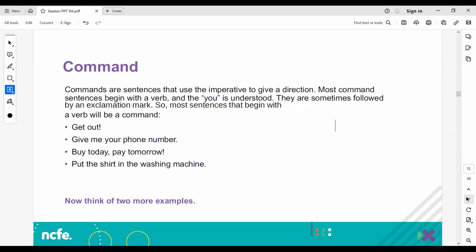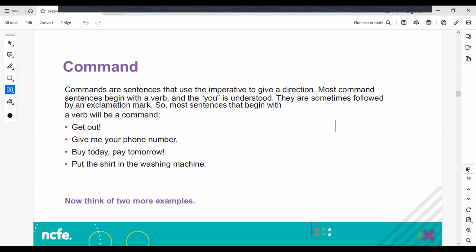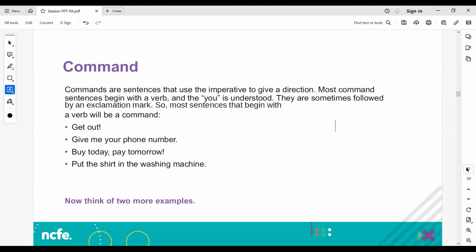And here's an example that we often see in advertising. Buy today, pay tomorrow. In that sentence, we've got two command verbs, buy, pay, and also an exclamation mark, because it's such a surprising, great deal. The advertisers want that to be what people think, so they put an exclamation mark at the end.